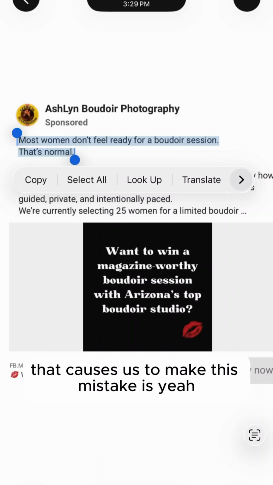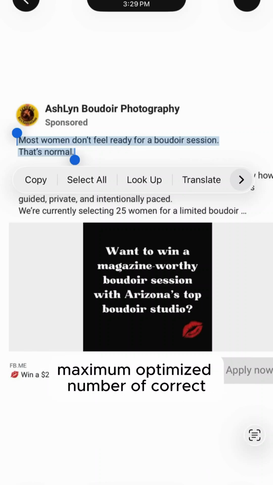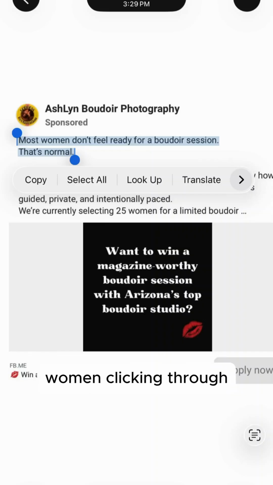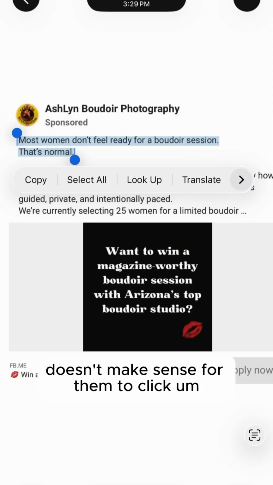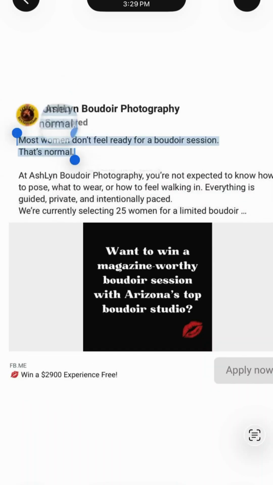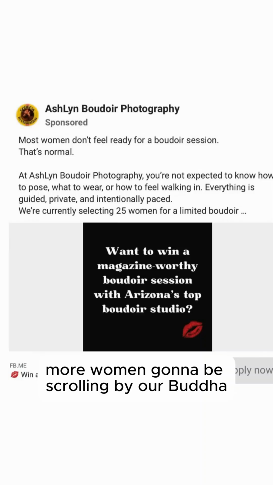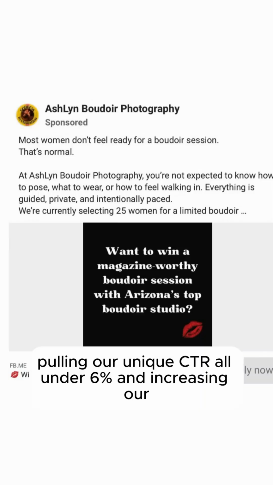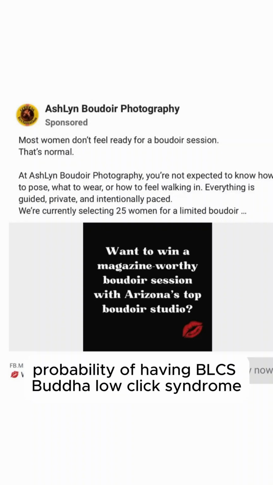The false belief that caused us to make this mistake is, yeah, we feel we got enough context to have the maximum optimized number of correct women clicking through, eliminating the people where it doesn't make sense for them to click. But we did not achieve that here. We're missing a lot of context. So the consequence of this is way more women are going to be scrolling by our Boudoir Facebook ad than normal, pulling our unique CTR under 6% and increasing our probability of having BLCS, Boudoir low click syndrome.